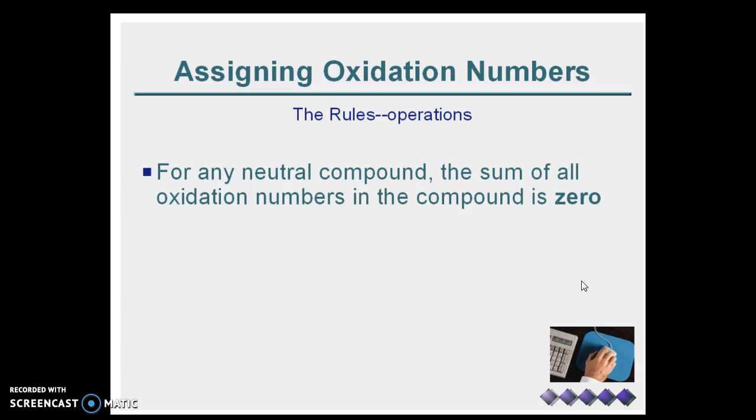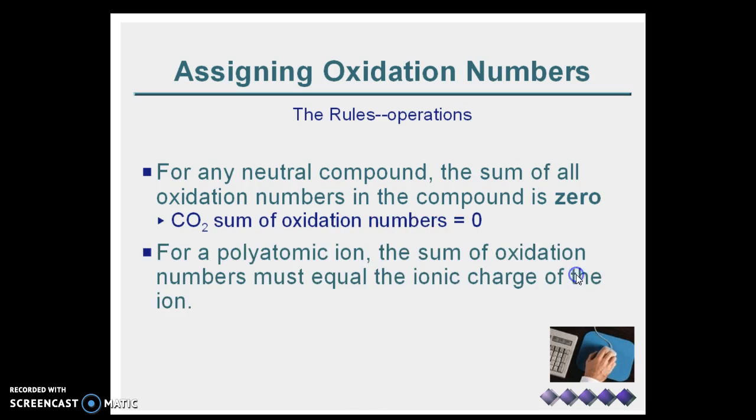Now, for any neutral compound, the sum of all oxidation numbers must be 0. So in carbon dioxide, the sum of oxidation numbers is 0. And of course, that means if the oxygen is -2, that the carbon must be +4. For a polyatomic ion, the sum of oxidation numbers must equal the ionic charge on that ion.